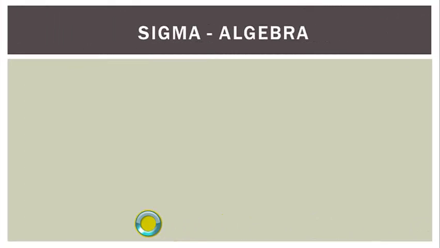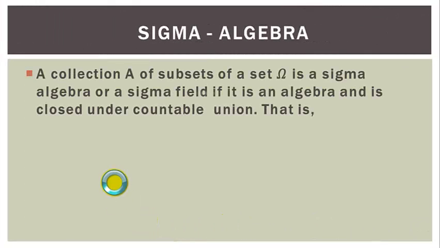Sigma algebra. A collection A of subsets of a set omega is a sigma algebra or a sigma field if it is an algebra and it is also closed under countable union. That is, A is a sigma algebra if 1.